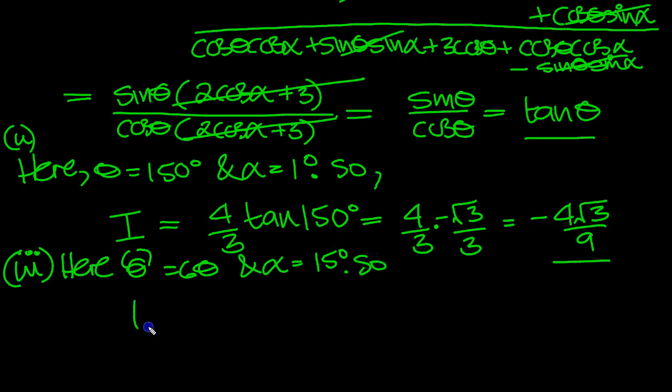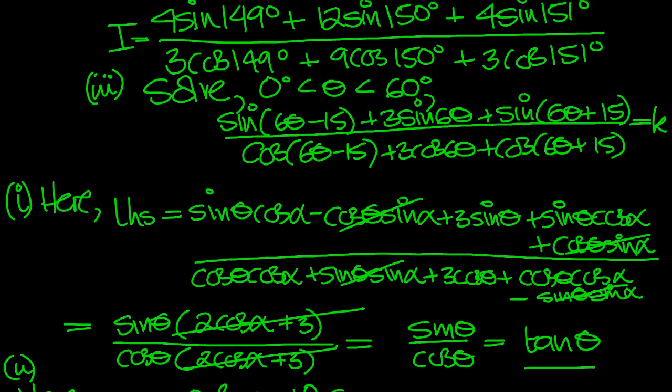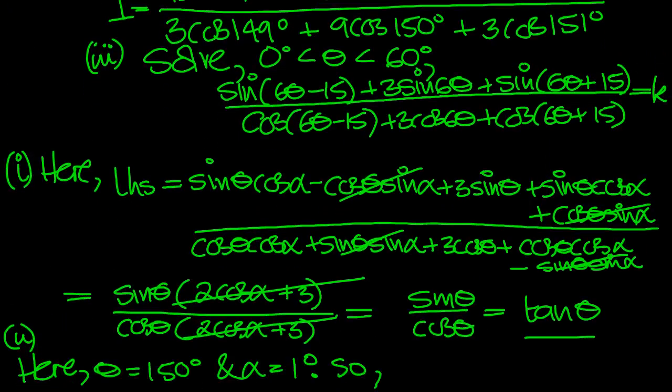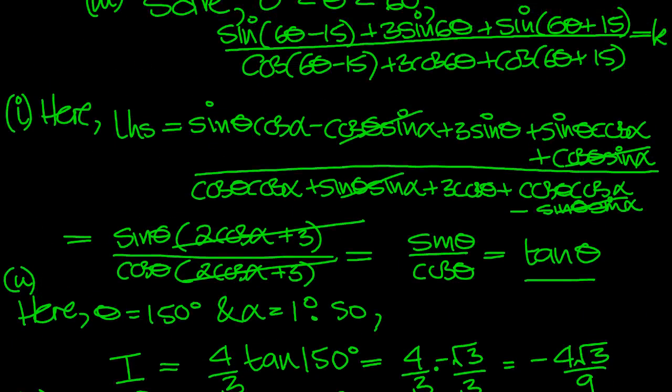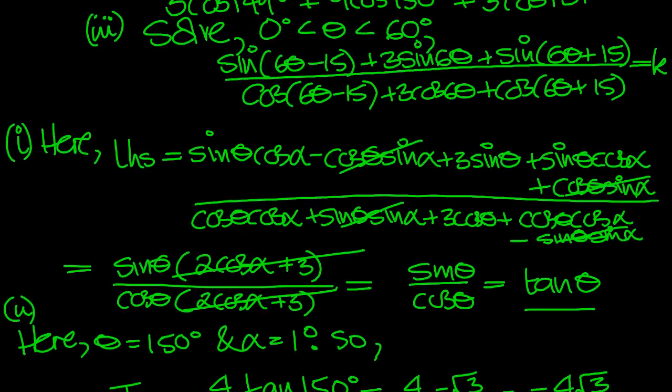So tan of 6 theta, which is what we want to work out, is equal to k. Because theta varies between 0 and 60, we must multiply by 6: 60 degrees times 6 is 360 degrees. So that's the range for 6 theta.